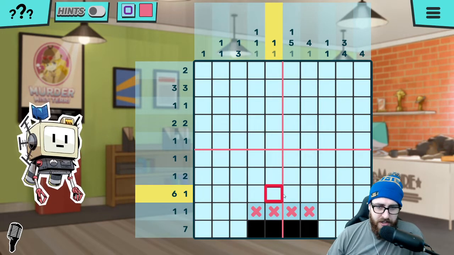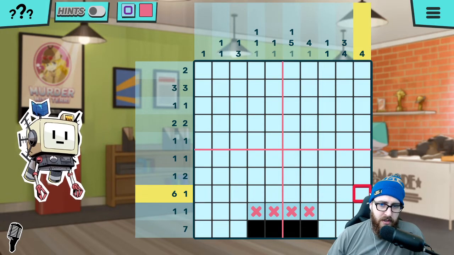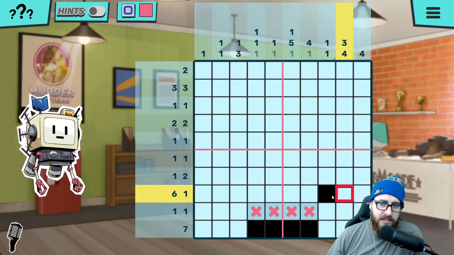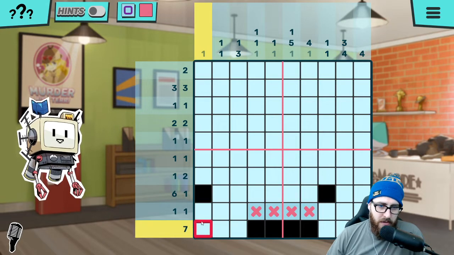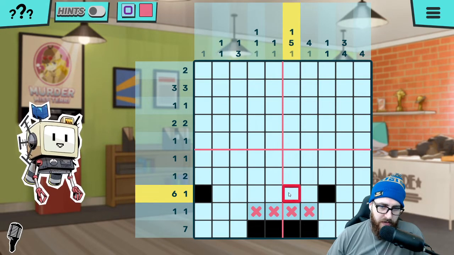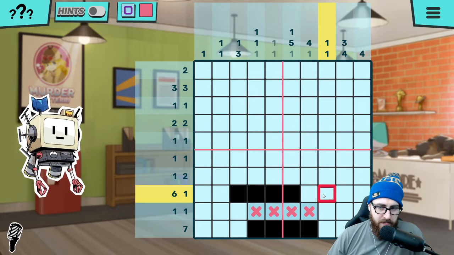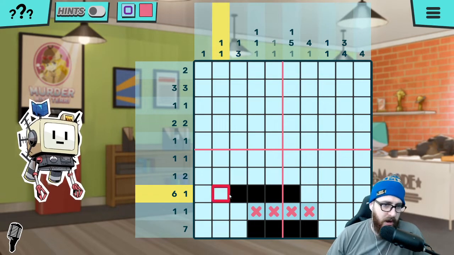So this is a 6 and a 1. It could be this, that's the max. And the minimum is here. So if we go 1, 2, 3, 4, 5, 6, it looks like these 4 would have to be filled in no matter what, right? One way or another with that 6.